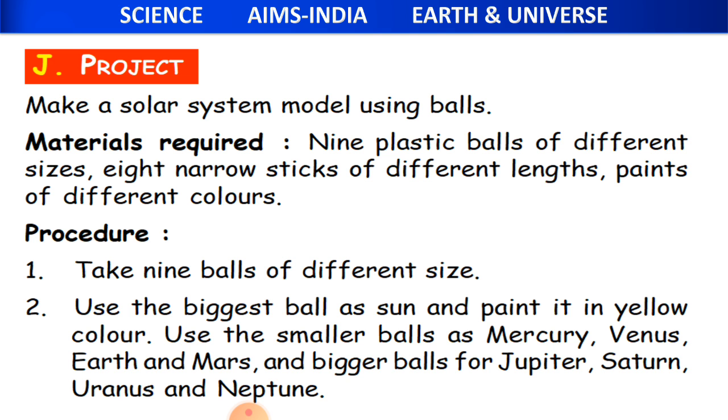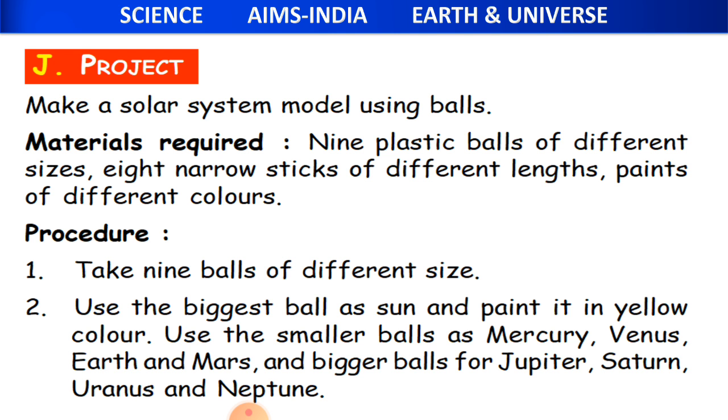For this, materials required are 9 plastic balls of different sizes, 8 narrow sticks of different lengths, and paints of different colors. You have to take the 9 balls of different sizes according to the size of the planets. You have a sun, a very big star. Again you have small planets like Mercury, Venus, Earth and Mars.